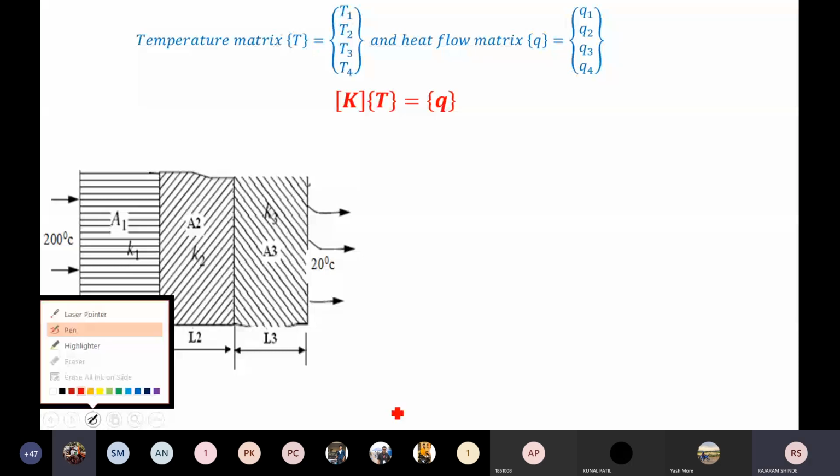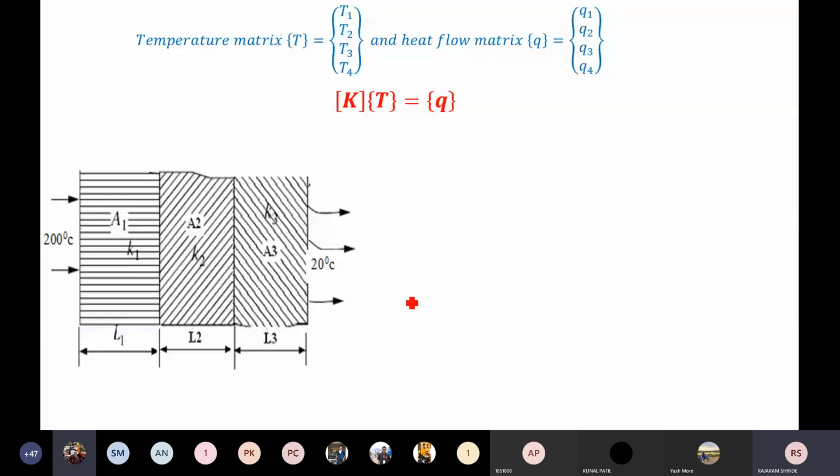Now you see this boundary condition. T1 is equal to 200. Am I right? That means at node number 1 you have temperature 200. And at node number 4 you have temperature 20 degrees. Have you got it?